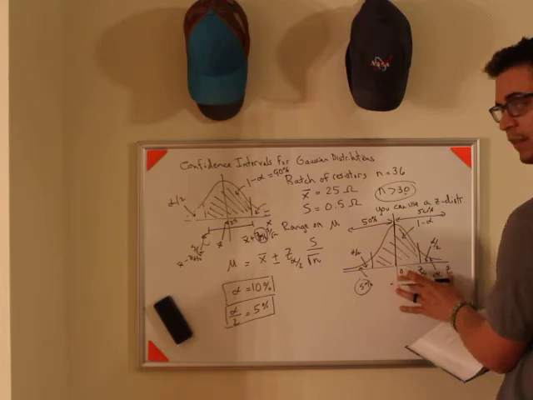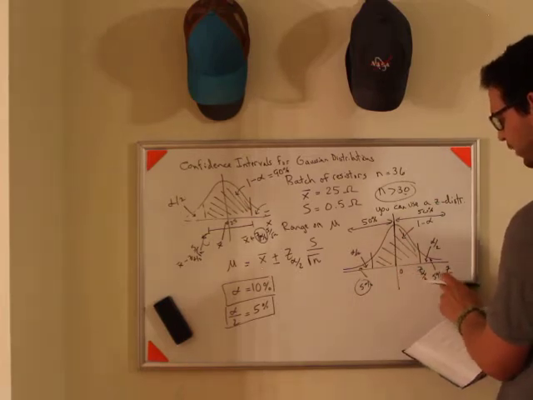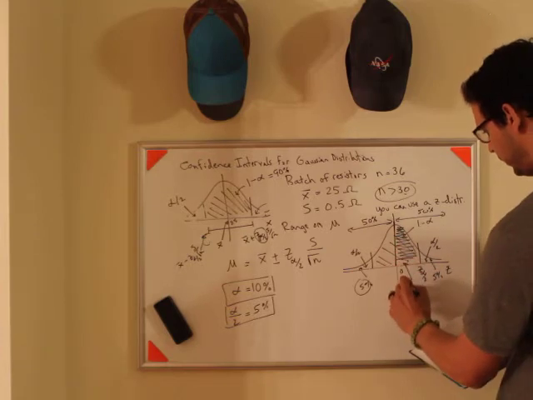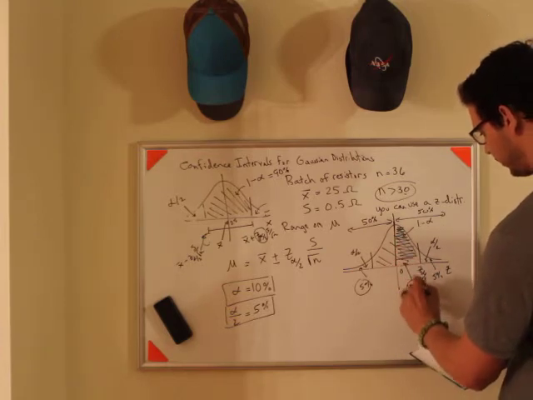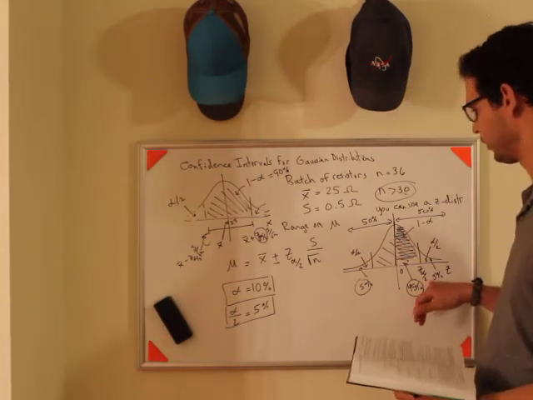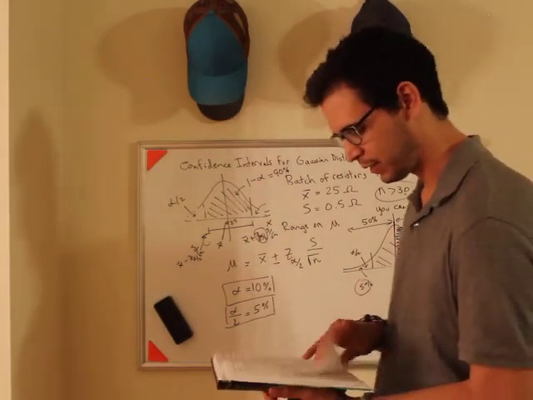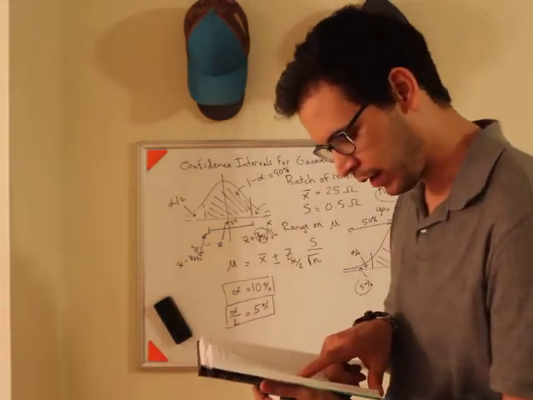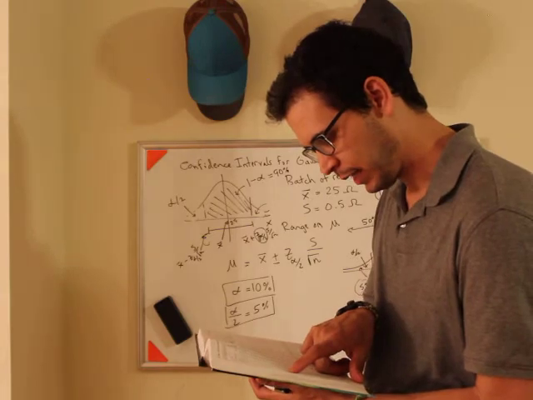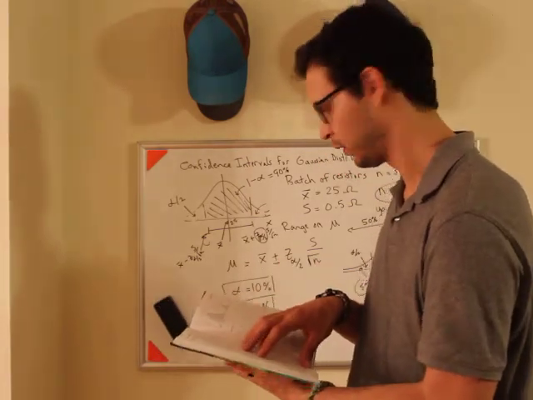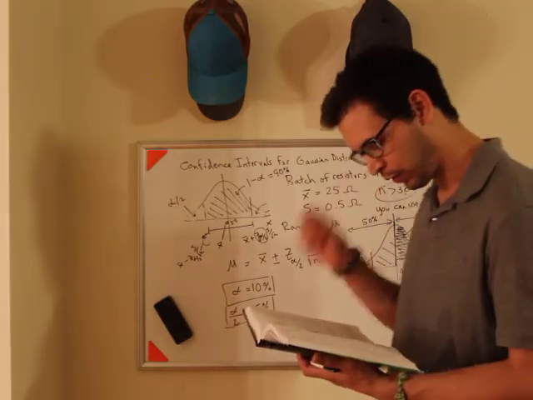If this whole area is 50%, 50 minus 5% means this area in here is 45%. So if I want to find z alpha over 2, I need to go back to this table and find where z hits the area. This table tells you the area under the curve, so I need to find 0.45.